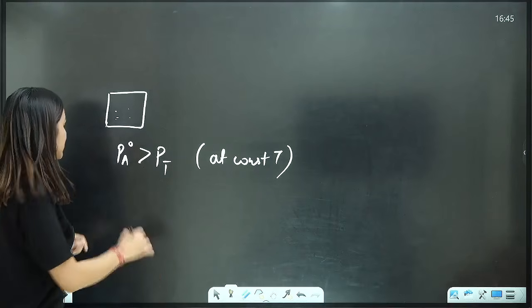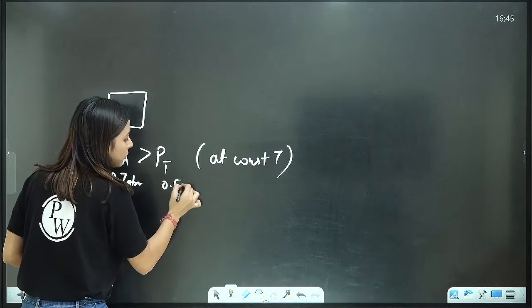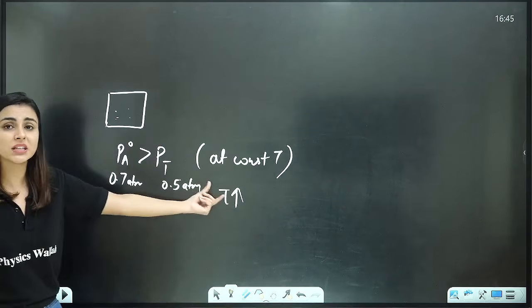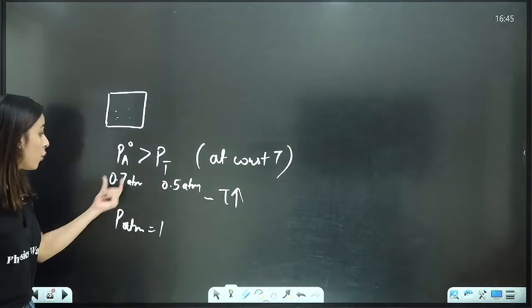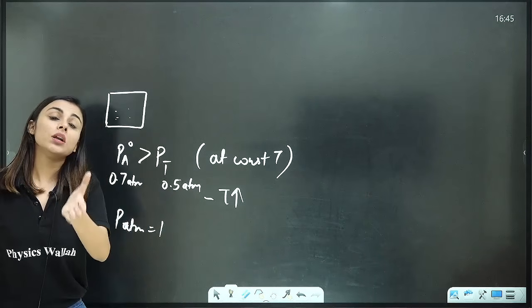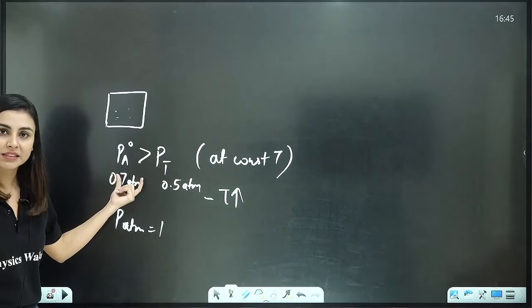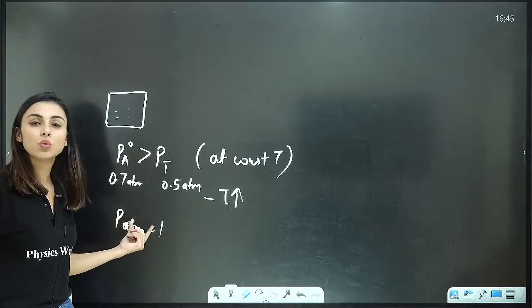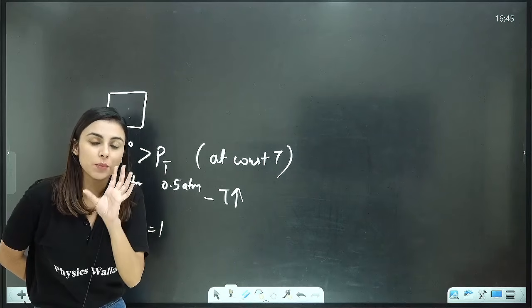Let us say this is 0.7 atmosphere initially and this is 0.5 atmosphere initially. If you increase the temperature and your atmospheric pressure is 1 atmosphere, which pressure will become equal to the atmospheric pressure first? PA naught. And that temperature T where PA naught will be equal to 1 atmospheric pressure is known as its boiling point.